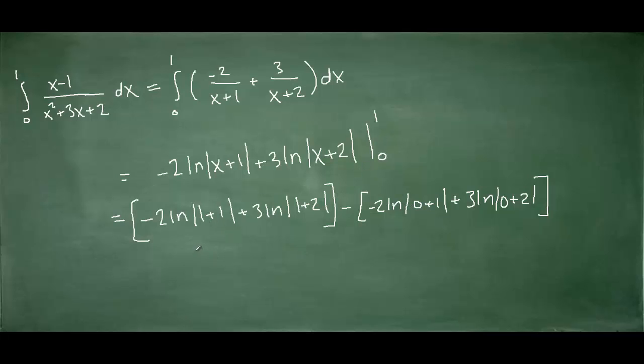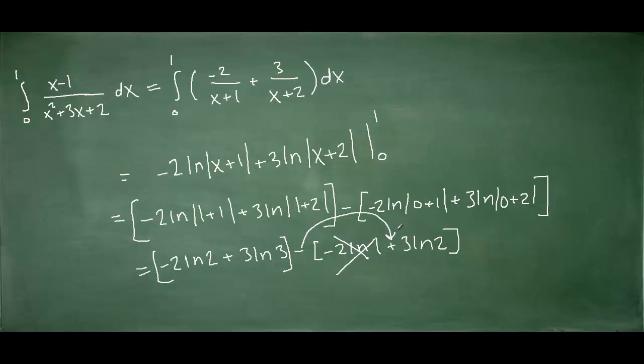This really turns into algebra at this point. First, we can combine the terms that are inside the absolute values. We'll note that the natural log of 1 is 0, so that's going to go away. And this minus sign needs to be distributed inside the brackets to that final term. We have an ln of 2 and another ln of 2 term, and since those are like terms, we can combine them.